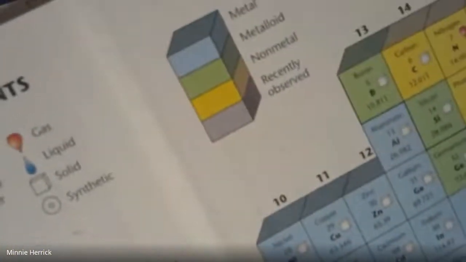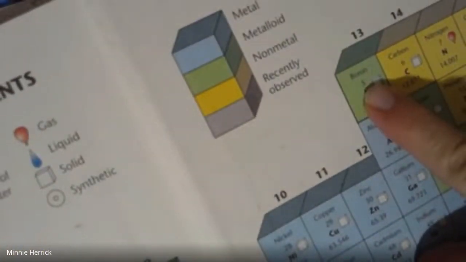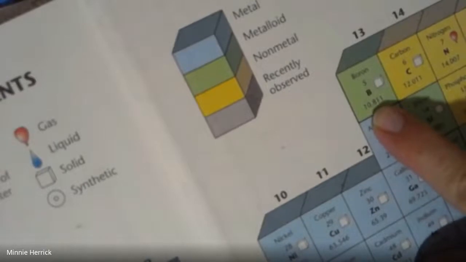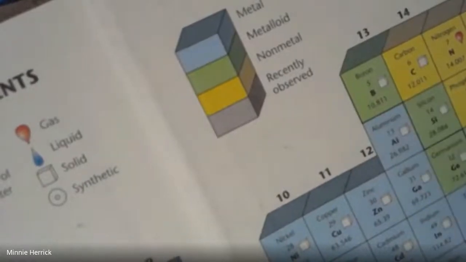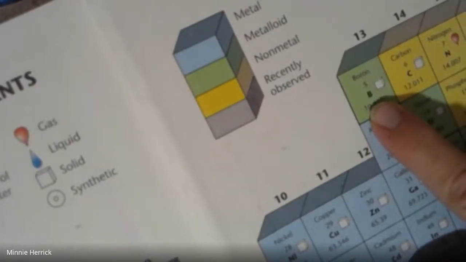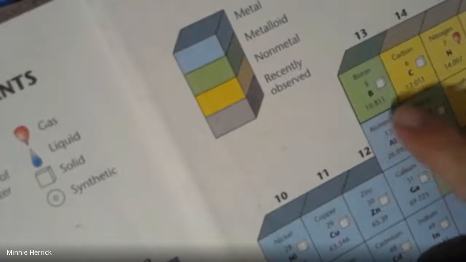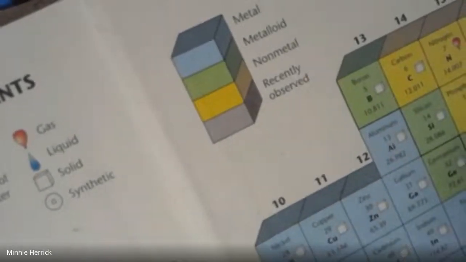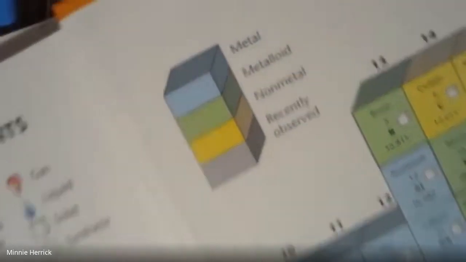Boron here is 5, and that is the protons. And then the 10.8 is the average of all the isotopes. So the 5 is really what we're going to be using to identify the element, knowing that it's boron with the B and so forth. So definitely get your chart out to help you. That's what you're going to need for filling out the homework.